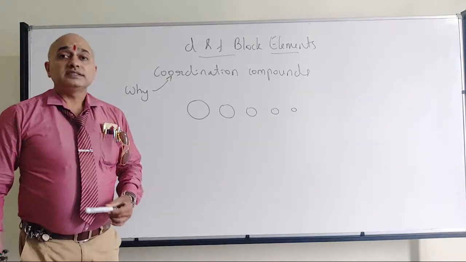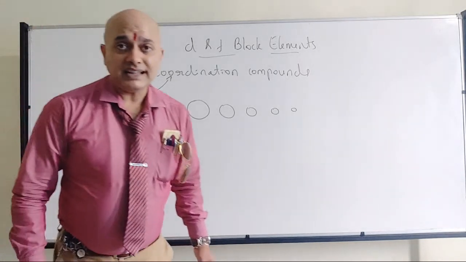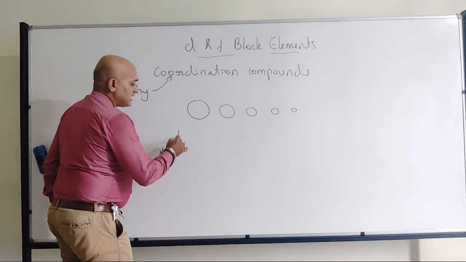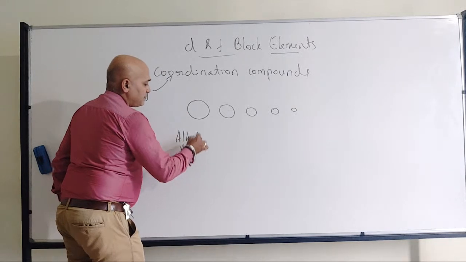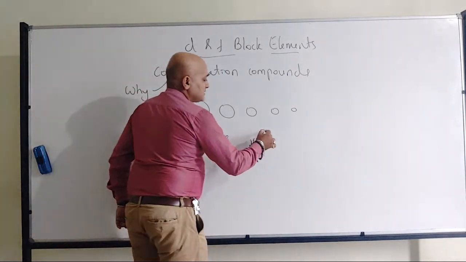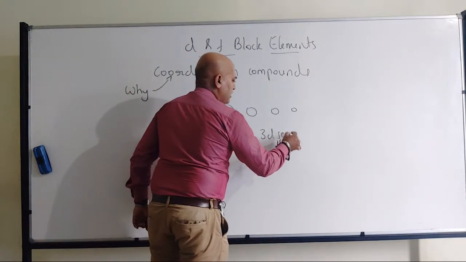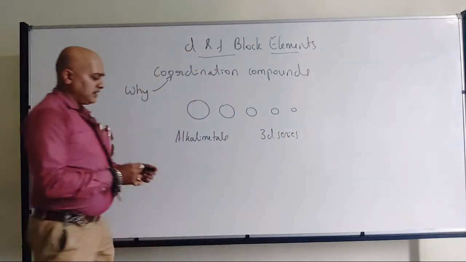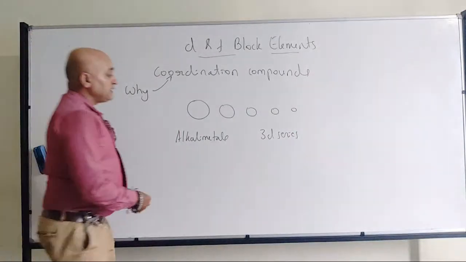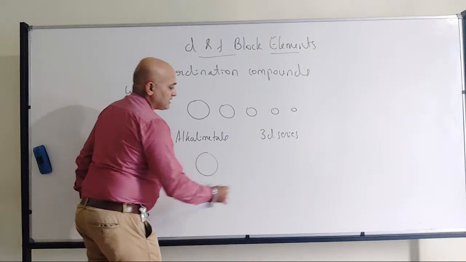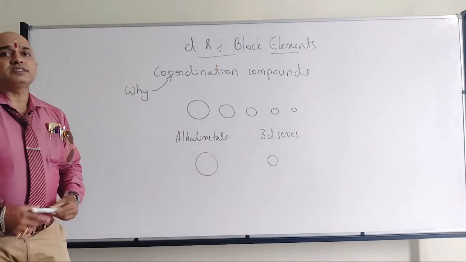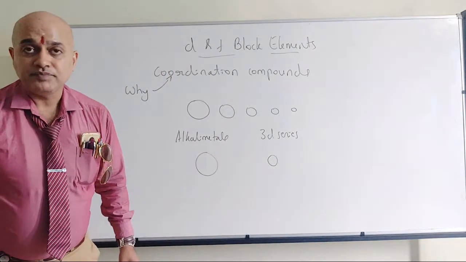So we can easily tell that if I compare the atomic size of alkali metals with 3d series or transition elements, alkali metals will have a larger size.